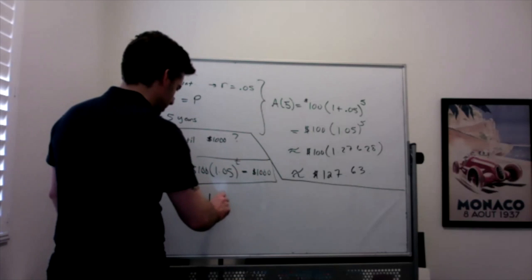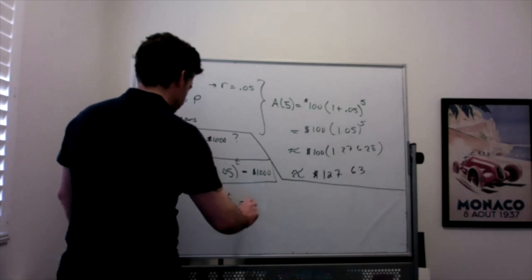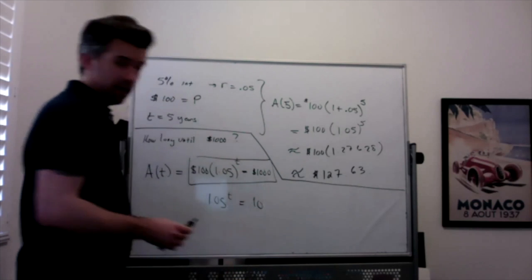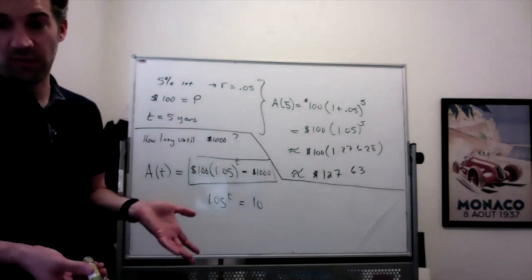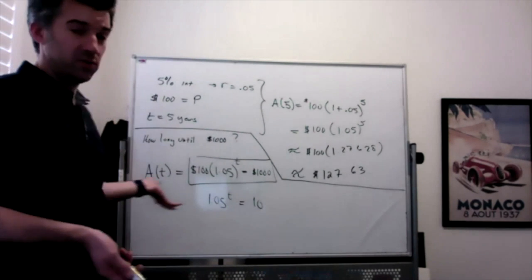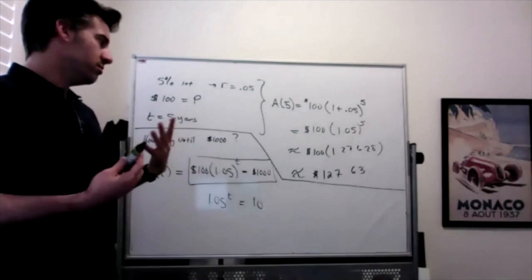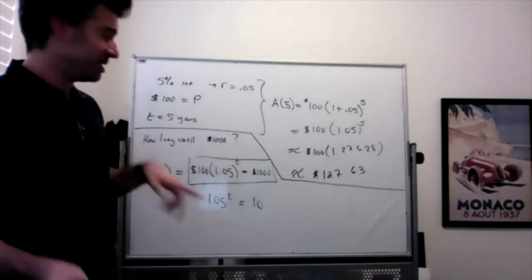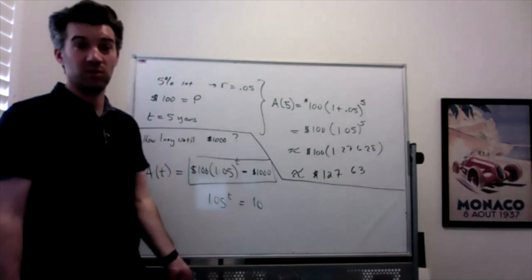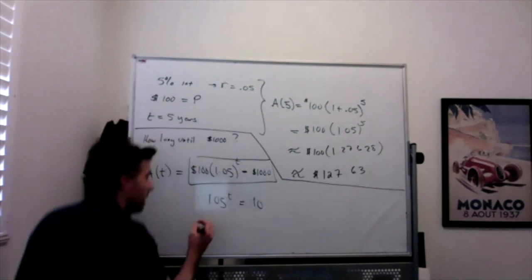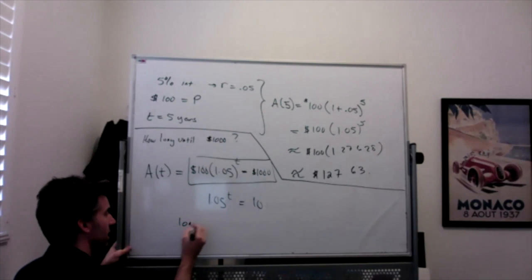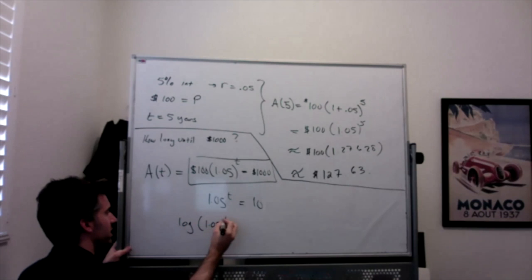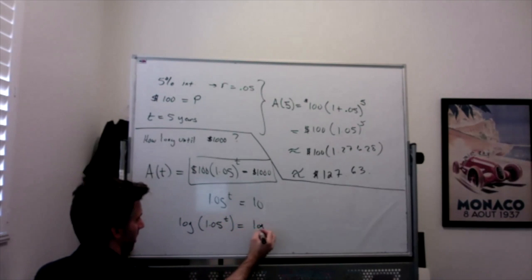So I have 1.05 to the t equal to 10. And now I would take a logarithm of both sides. You can either use natural log or log base 10. Normally I would use natural log, but here, since there is a 10 on this side, I'm going to use log base 10. So I'm going to say log base 10 of 1.05 to the t equals log base 10 of 10.